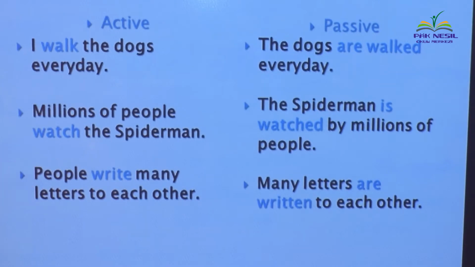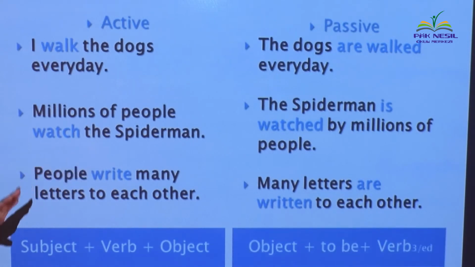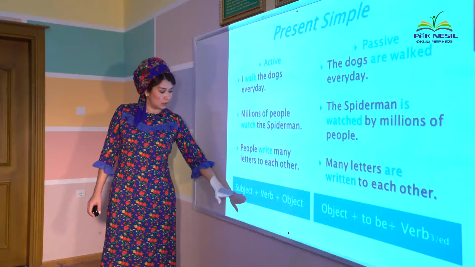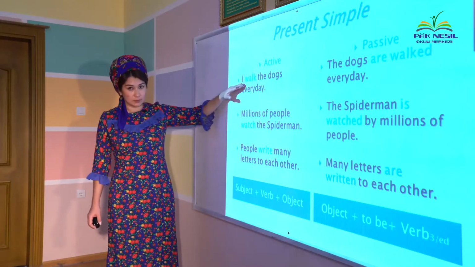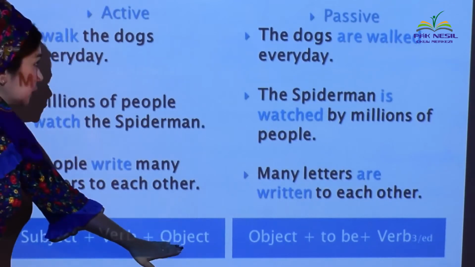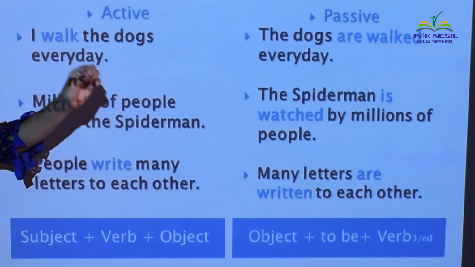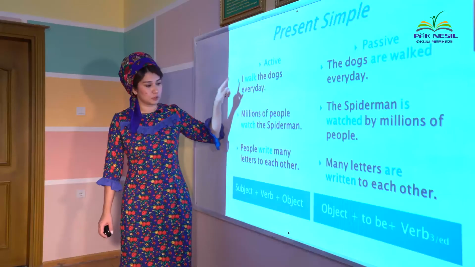Is that clear? Good. And here you have the form of the active voice and the form of the passive voice. So to make it easier for you, we have subject here, right? Verb in present simple tense, plus object, the dogs, right? In passive voice, as I have just said, the object moves to the first place.